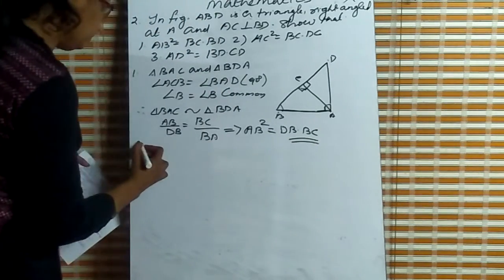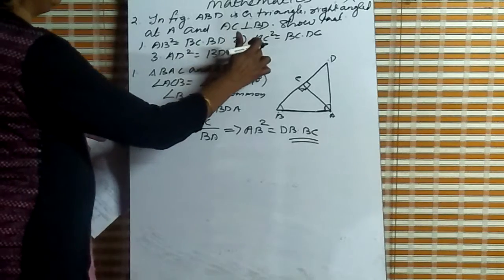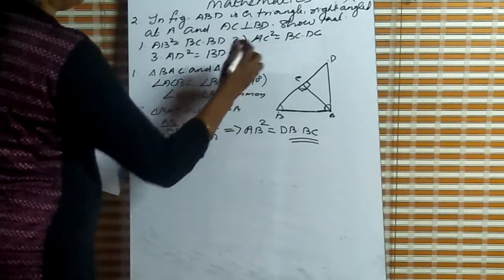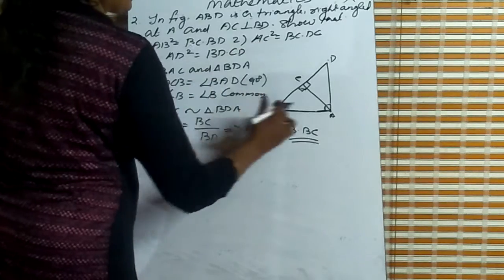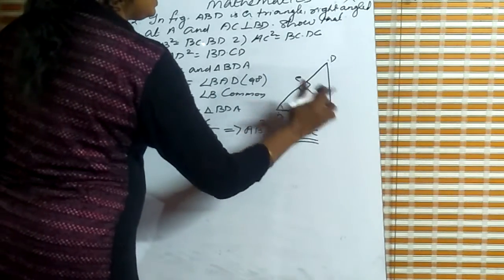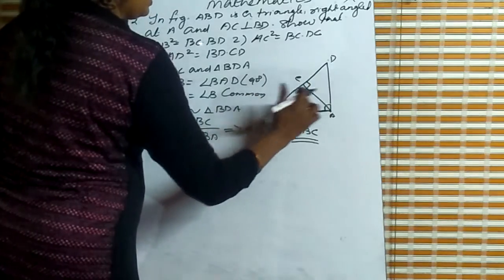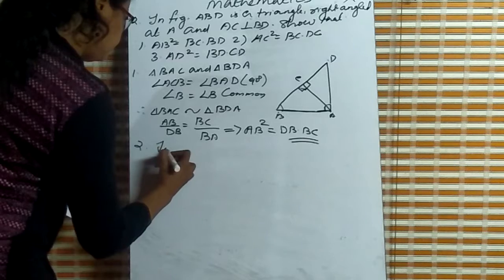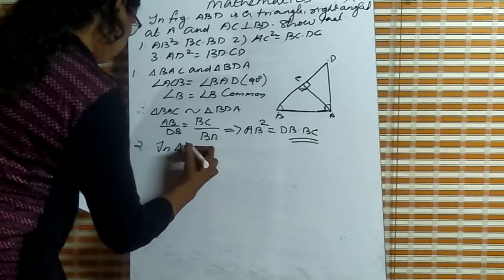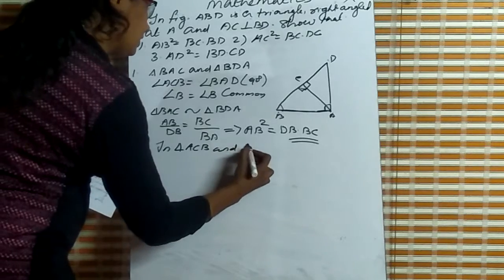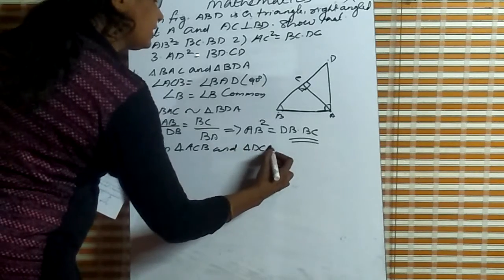First is over. Then second question: AC square is equal to BC into DC. For that, consider triangle ACB and triangle DCA.